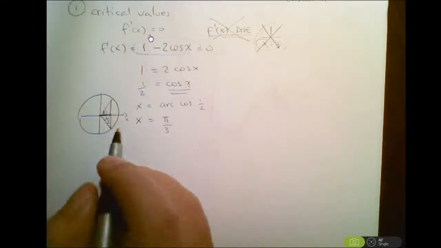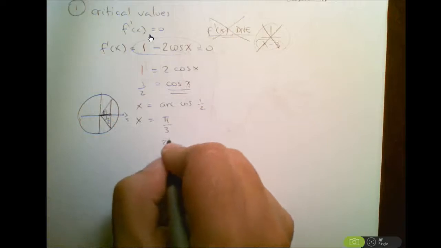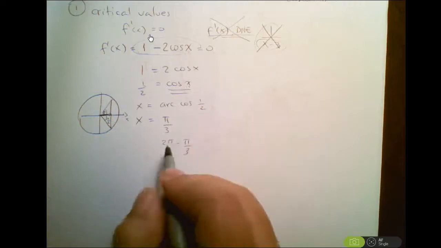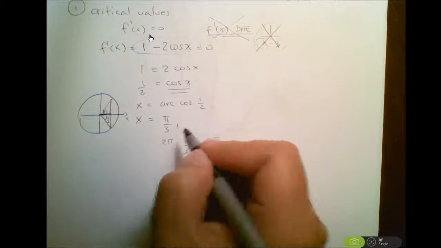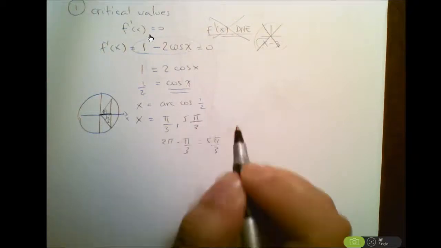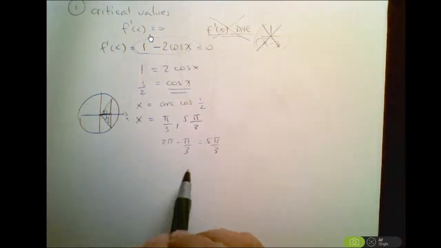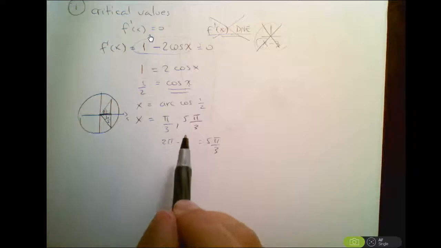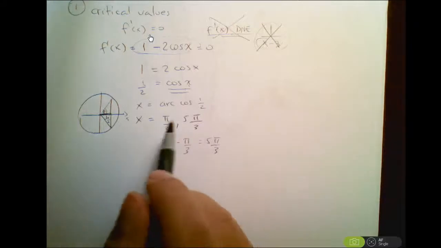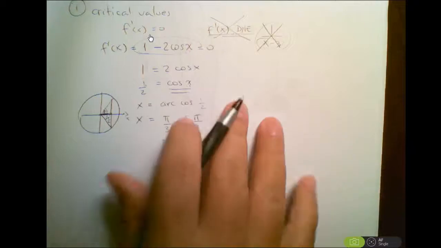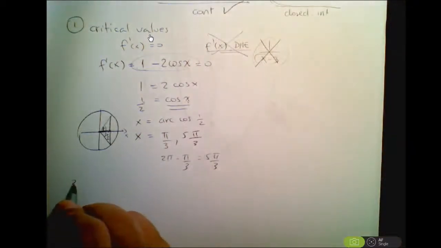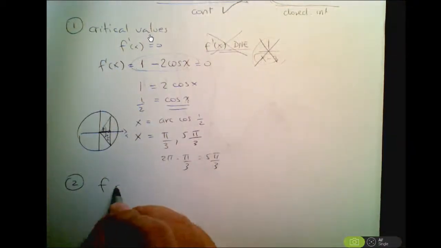So that would be 5 pi over 3. So for those two values, the cosine is 0.